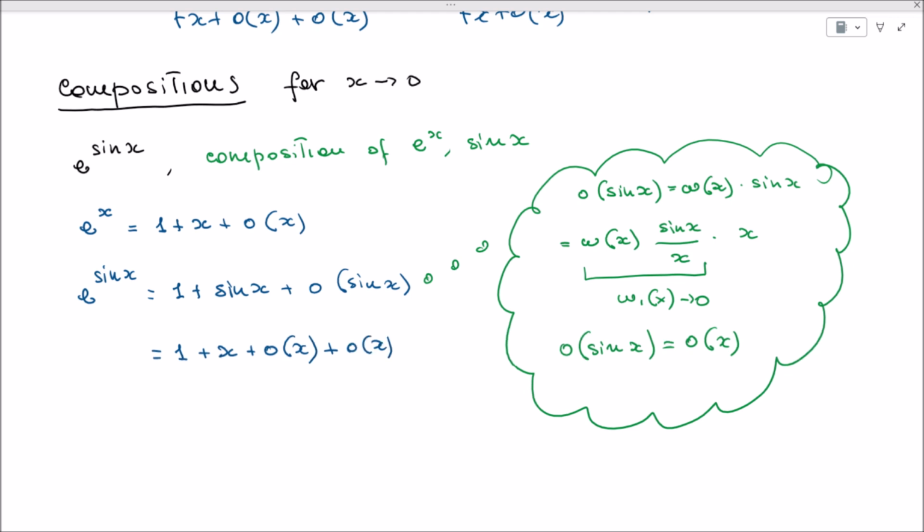So this will leave us with 1 plus x plus little o of x. Okay, so this will be the expansion of e raised to the sine of x.